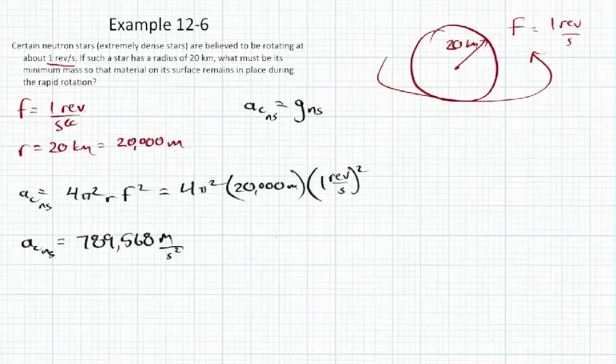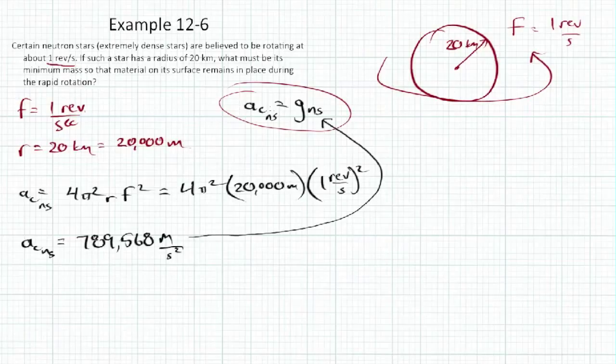That's saying that if it's spinning that fast, that's the centripetal acceleration that it has. So, in order for objects not to fly off at the equator of the star, we're saying that that has to equal the gravitational pull of the star at the surface right there. That's what this whole statement is saying.